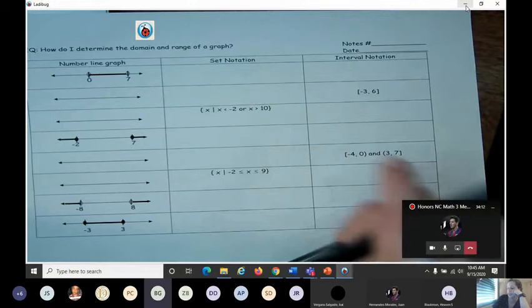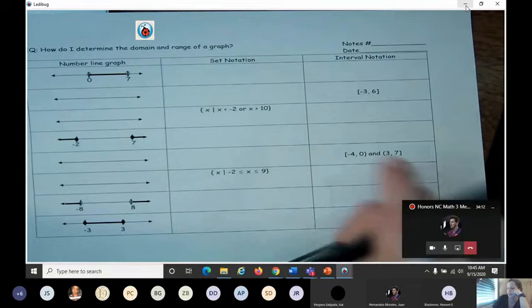I'm here. Perfect. So do we have open or closed circles right here? Are they closed? Well, they're open. It's okay. If we have a circle like this that's not filled in, we have an open circle, and that means we do not include that value.